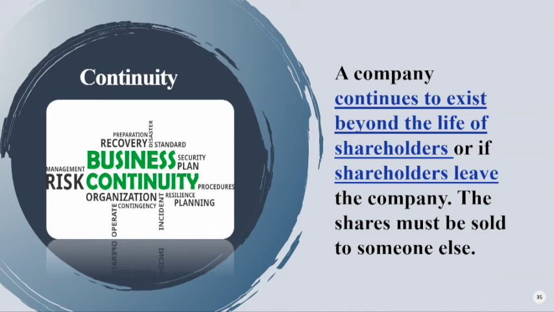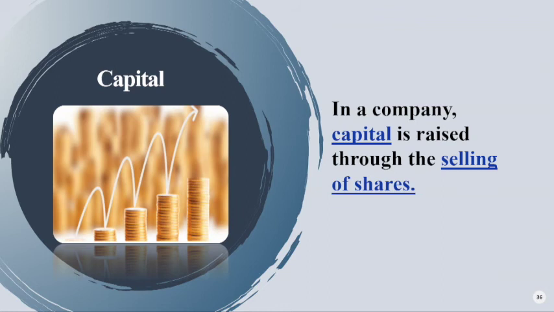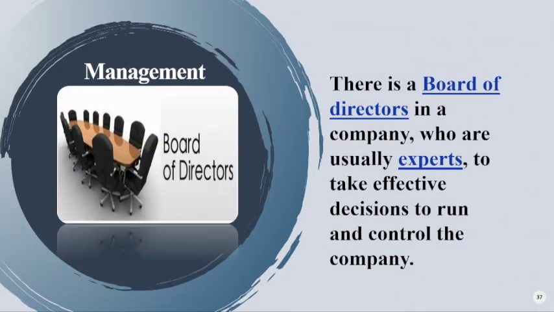The shares must be sold to someone else. Capital. In a company, capital is raised through the selling of shares. Management. There is a board of directors in a company who are usually experts to take effective decisions to run and control the company.